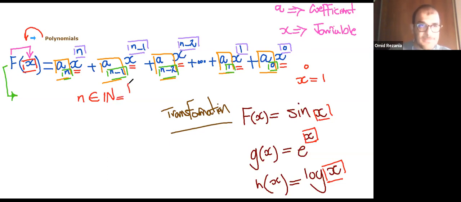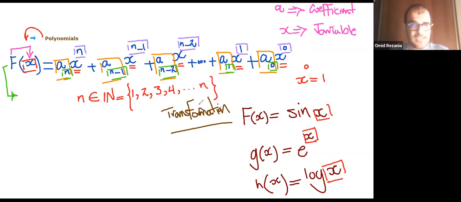The set of numbers which starts from 1, 2, 3, 4, and goes all the way to n. N can be anything, 1,000, 2 million.